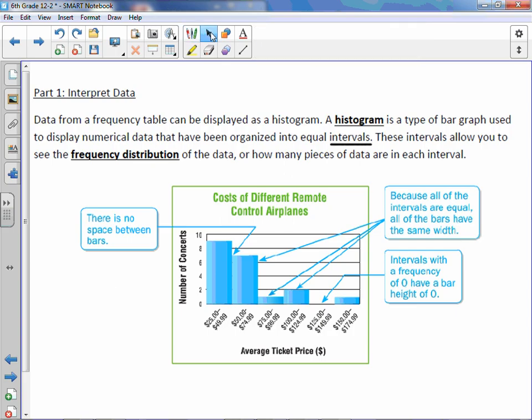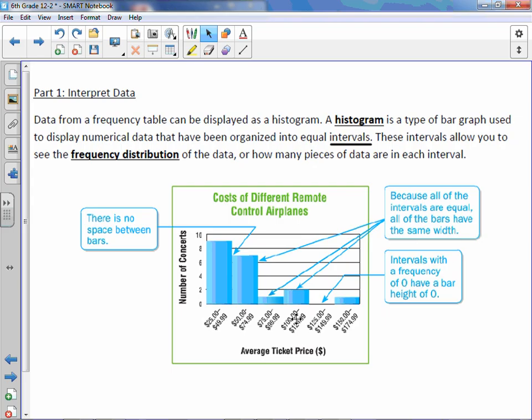These intervals allow you to see the frequency distribution of the data, or how many pieces of data are in each interval. Now, this differs from a bar graph in a couple different ways. The first difference is that there are no spaces in between the bars. All the bars are touching. Now, in this case, there was a frequency of 0 for this interval.